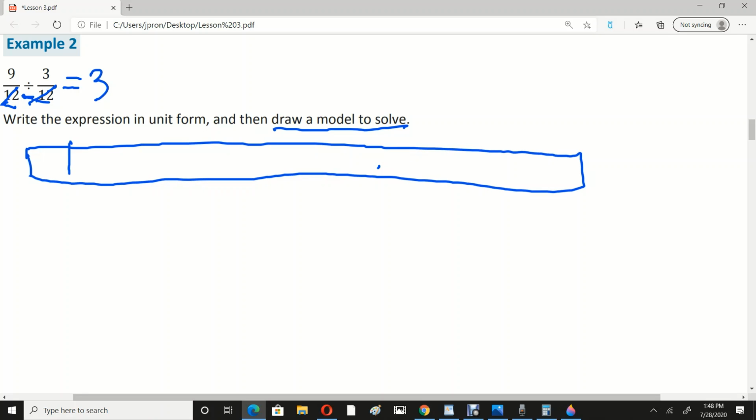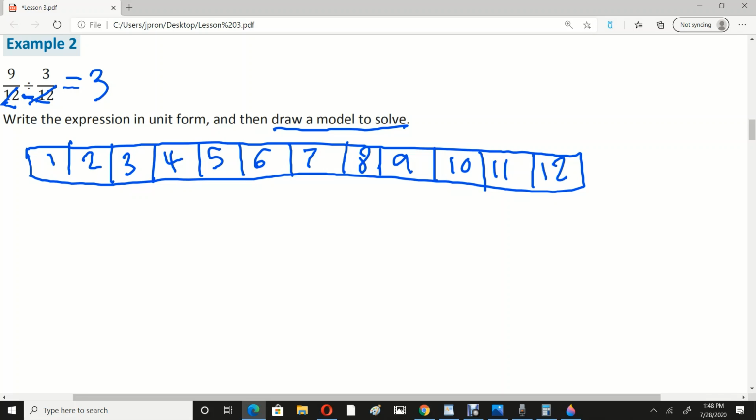So 1, 2, 3, 4, 5, 6, 7, 8, 9, 10, 11, 12. And all of those are equal, as you can see, perfectly equal, as that is how I draw. I can draw perfectly even portions of the whole here.